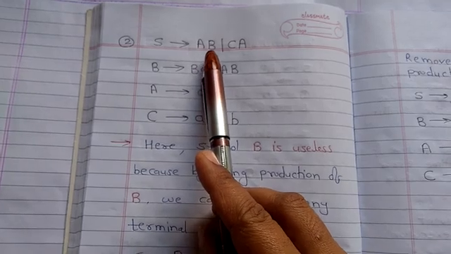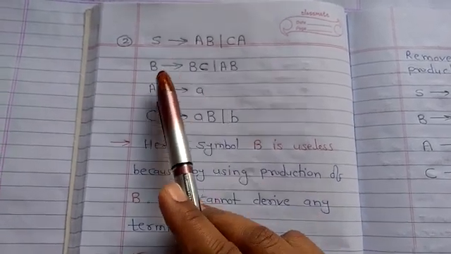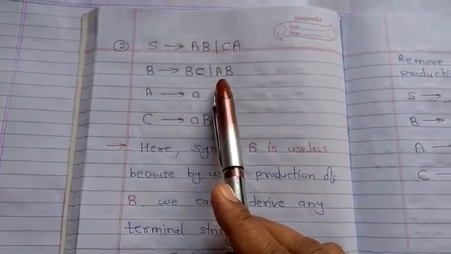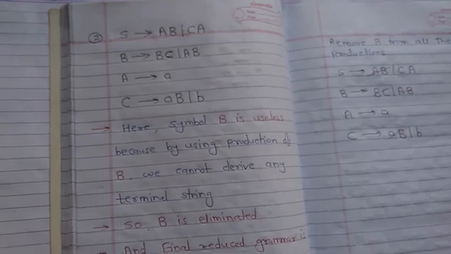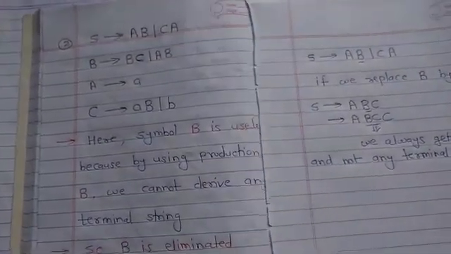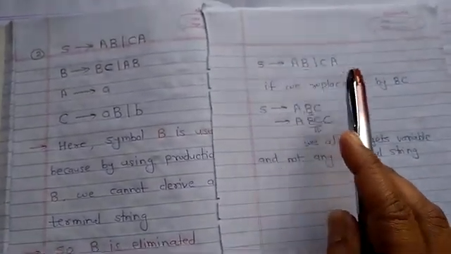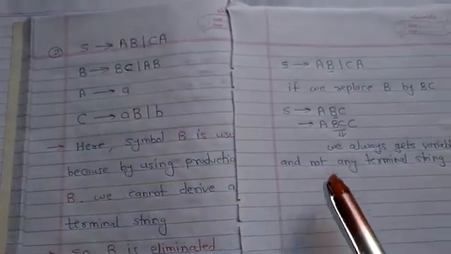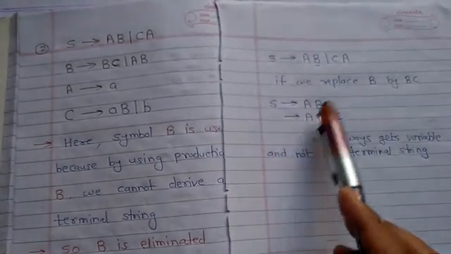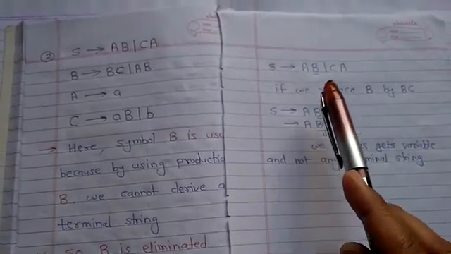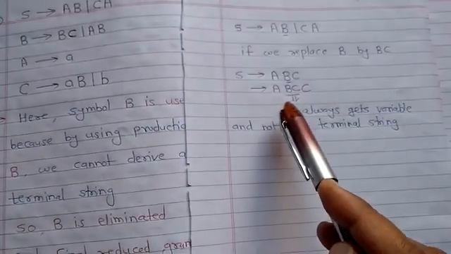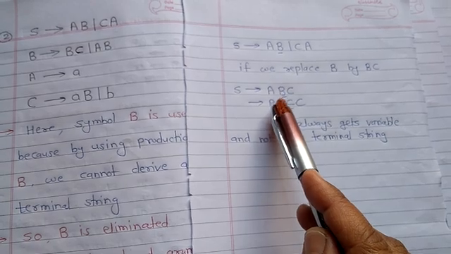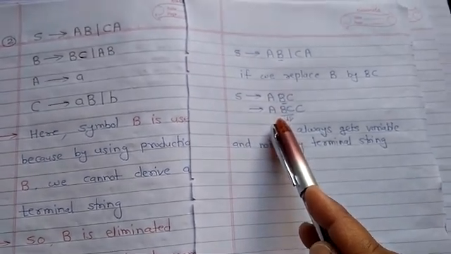Check this example. S tends to AB. If we replace this B by the productions of B, BC or AB. Let us see one example. S tends to AB or CA. If we replace B by production BC, then S tends to ABC. B should be replaced by BC. Okay. Now again B can be replaced by the production BC.